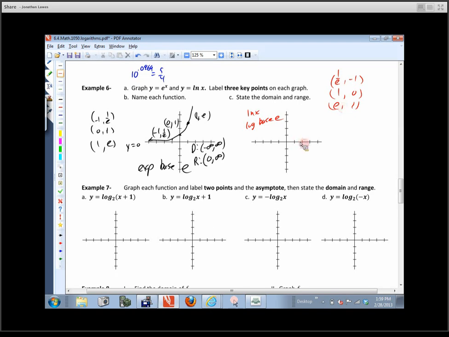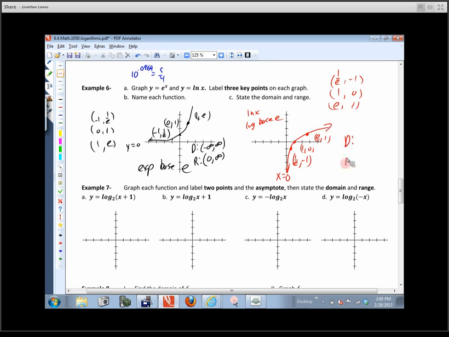So here are the numbers. This is going to be e comma 1. 1 comma 0. This one right here is 1 over e comma negative 1. That's the graph. We'll come back and draw the asymptote in just a second. Again, e comma 1, 1 comma 0, 1 over e comma negative 1, and here's our vertical asymptote of x equals 0.